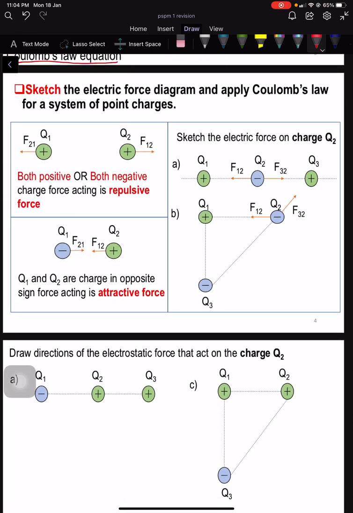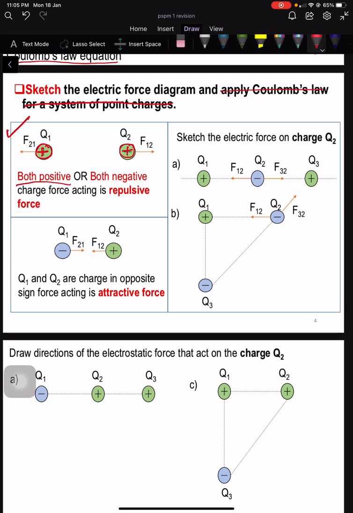Next, sketch the electric force diagram and apply Coulomb's law for a system of point charges. In this lecture, we only sketch the electric force diagram. You just show how to sketch. In the first diagram, we have both positive charges, Q1 and Q2.